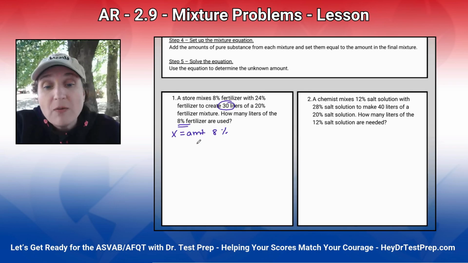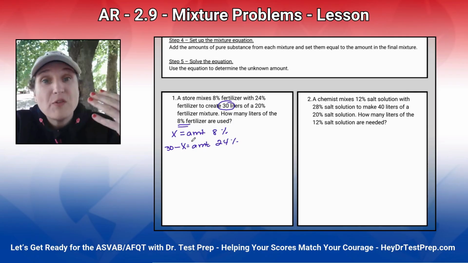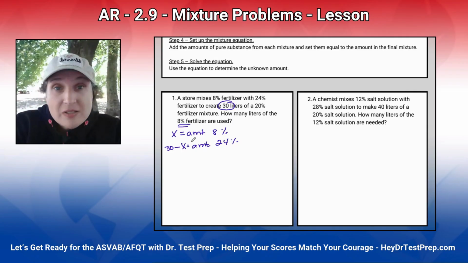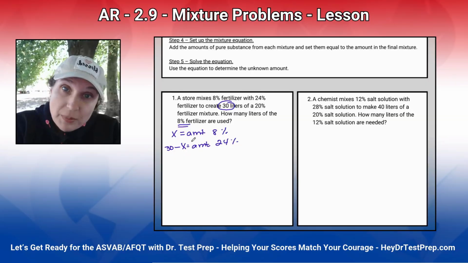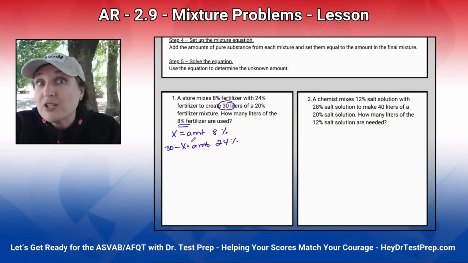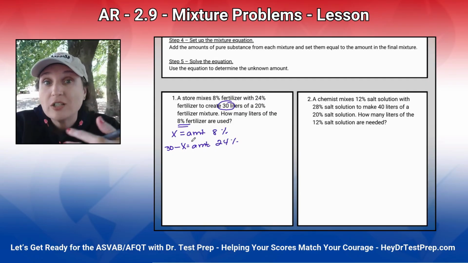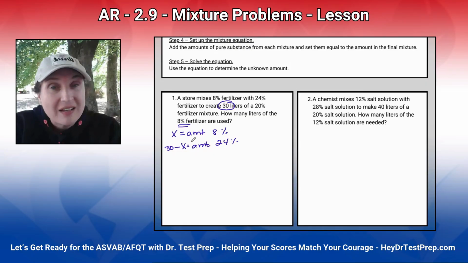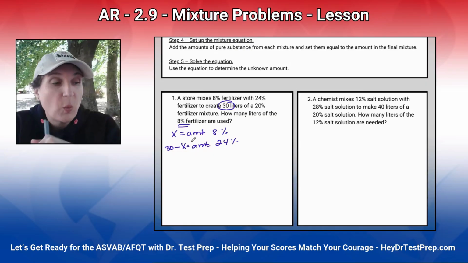So my 24% is going to be the 30 liters minus the X, because if we make 10 of 8%, that means we need 20 of 24%. So we don't know how much of 8% we need, but we know that altogether 30 liters is made. So that's why it kind of looks a little silly, but that's what we need to do. It's that whole idea of less than that we talked about in, I think, 2.1.